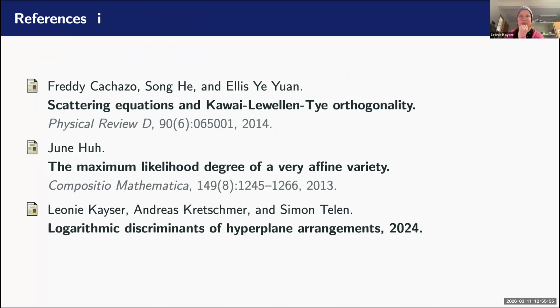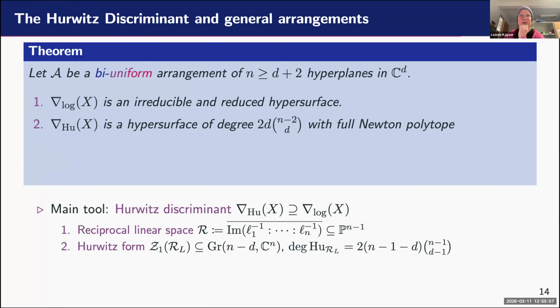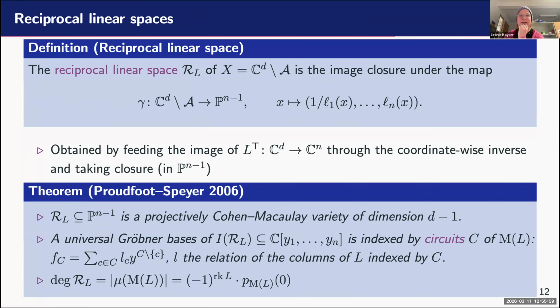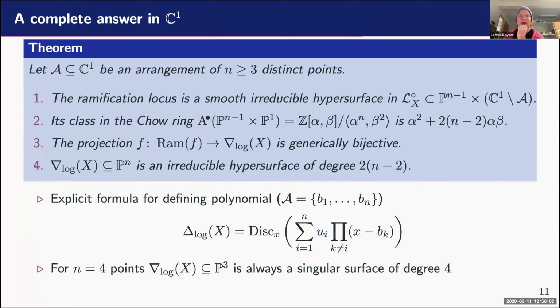Do we know this? So if we go back to the points on the line, we saw in the beginning that for 3 points on the line, the discriminant happened to be a smooth quadric. But then already for 4 points on the line, this is always a singular surface. But it's a very natural question to ask, when is the discriminant singular? And usually one expects this to correspond to higher degeneracy.